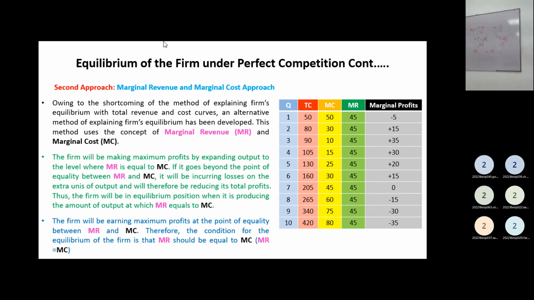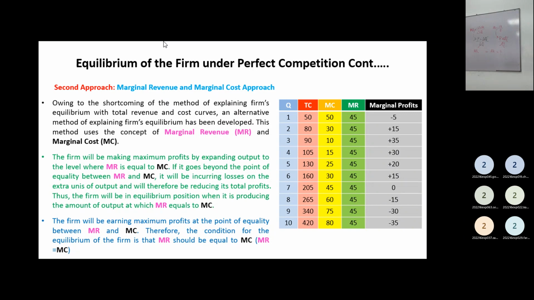You get what you spend. Clear? And simultaneously, you are not going to reduce your output level. If you reduce your output level, you are not making your maximum money profits. So since marginal revenue here is equal to marginal cost, we are saying that our profits will be maximized at this point. Is that clear?